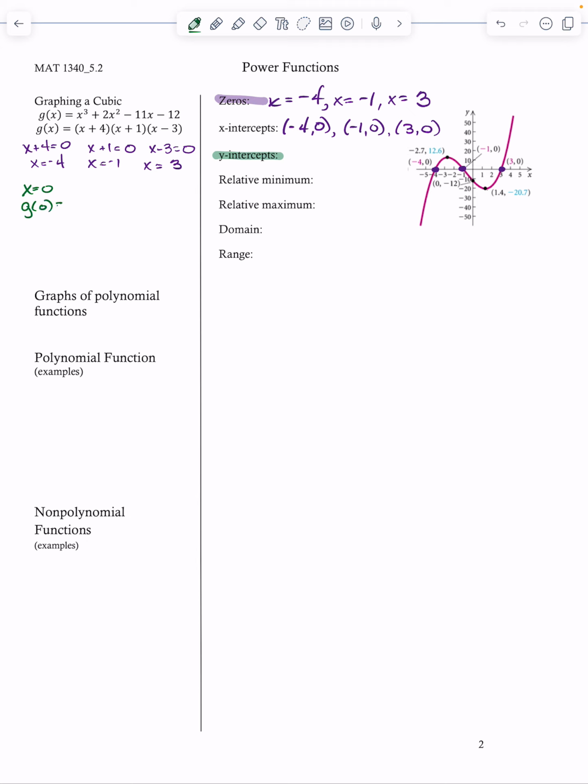We know from the quadratic that anything that has a 0 and x involved is going to just disappear. So again, our y-intercept is the constant term, -12. Right here, (0, -12), marked for you.